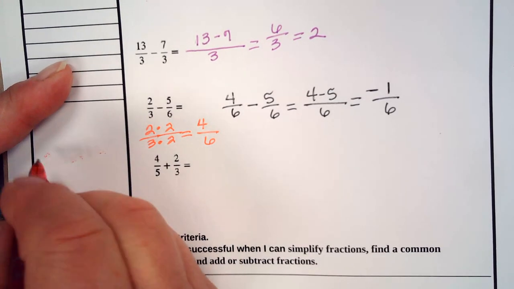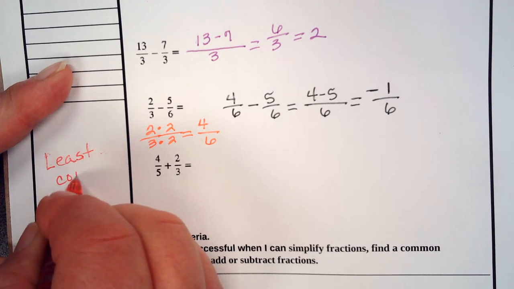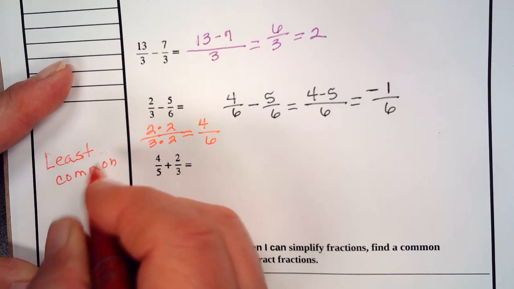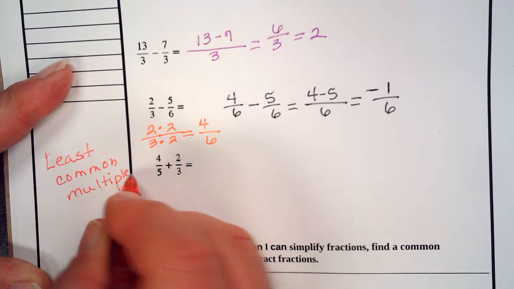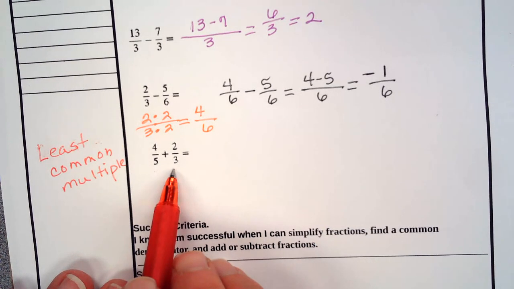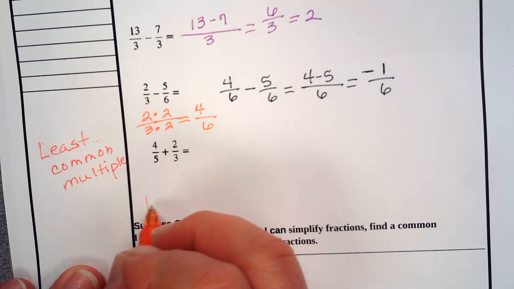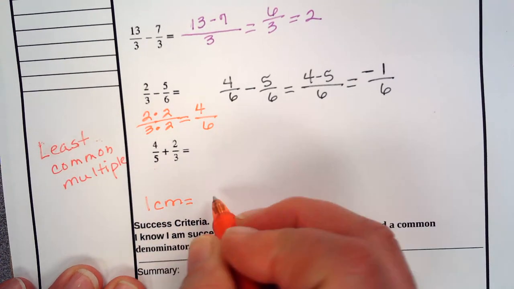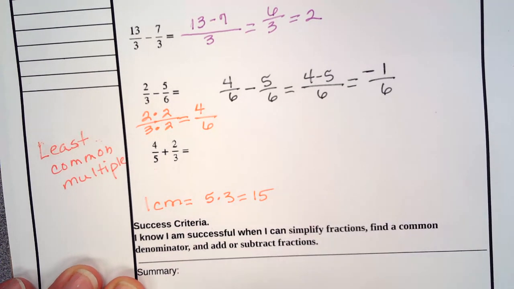So I'm looking at my least common multiple. Okay, if they're both prime numbers, it's easy, I just multiply them together. So in this case, the LCM is going to be 5 times 3, which is 15.